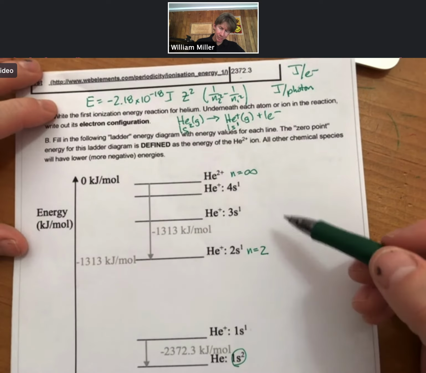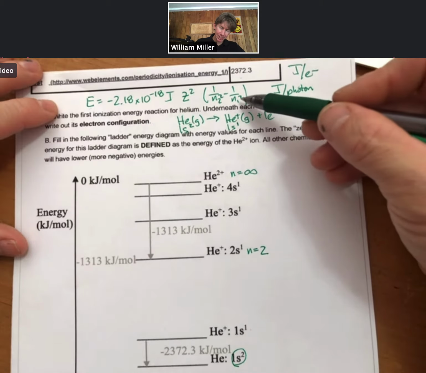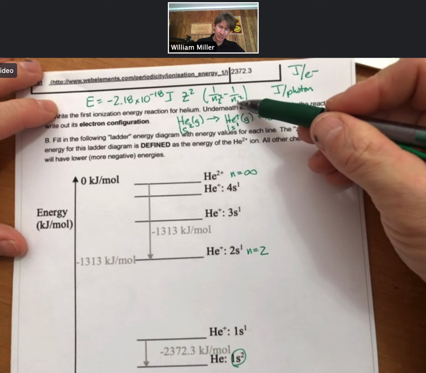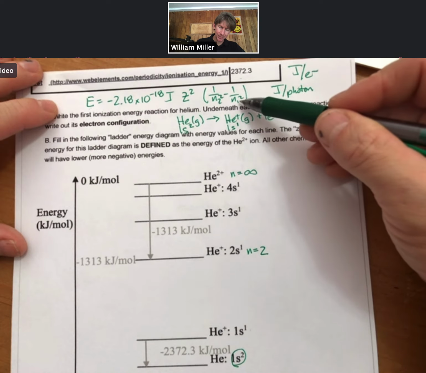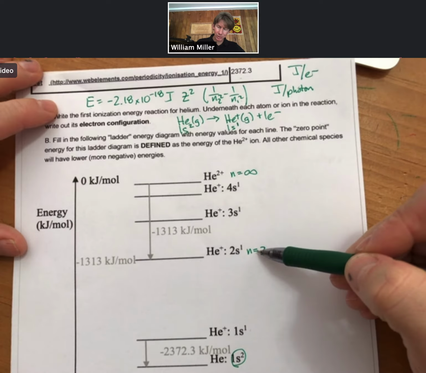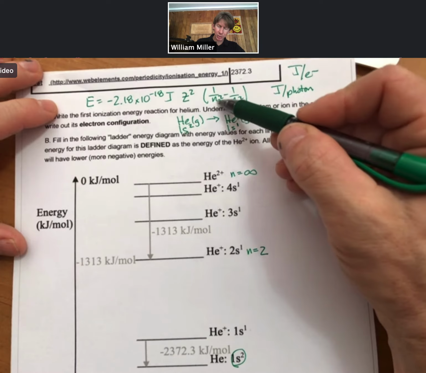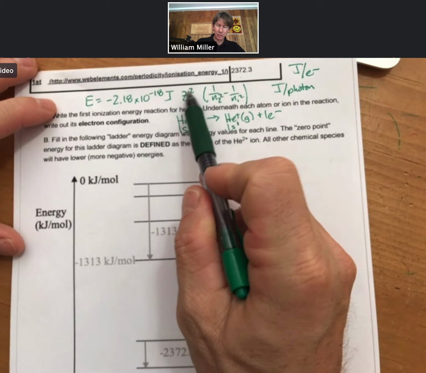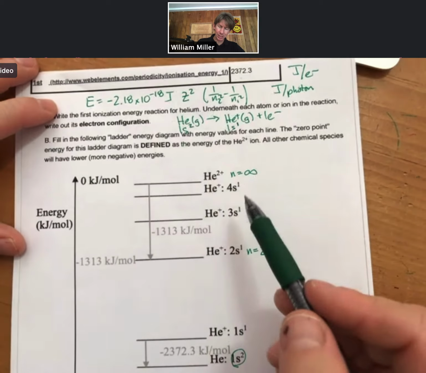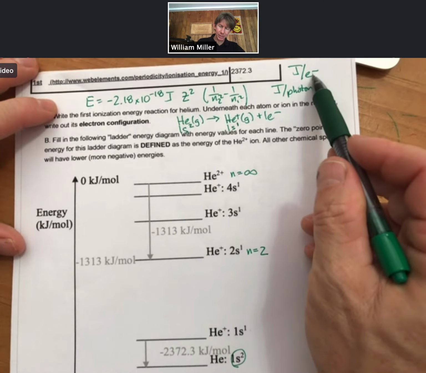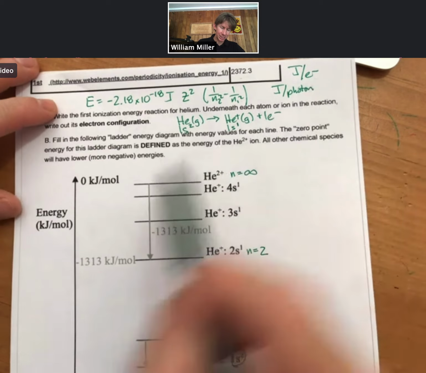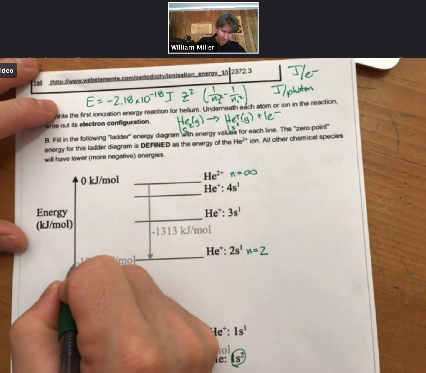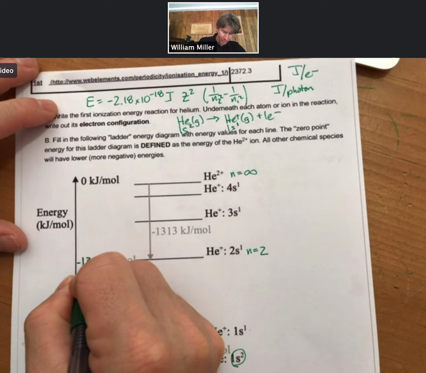But if you go from n equals infinity as your initial state, 1 over infinity squared being 0 here, down to n equals 2, where 1 over 2 squared gives you 1/4, this is helium, so it's 2 squared. Anyway, you plug the number in, you convert it from joules per photon or electron into kilojoules per mole, and you get the number 1313, or minus 1313.